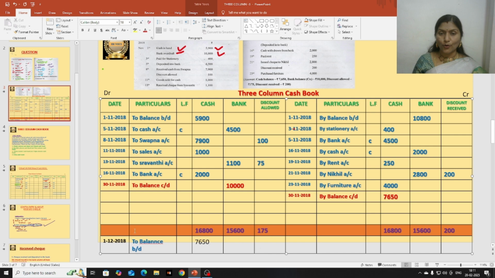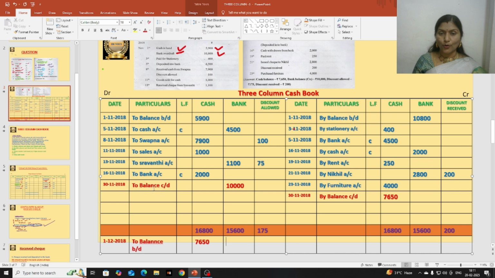Next, we recorded that balance carried on the debit side. Okay, that is fine. But for bank, we don't have balance carried on the credit side. We have balance carried on which side? Debit side. So we should record this balance carried on the credit side under the totals as balance brought down, on the opposite side.